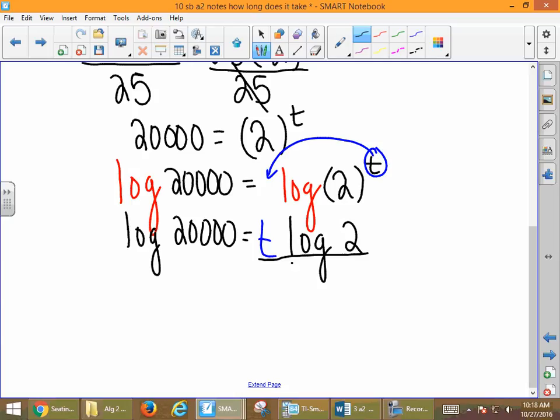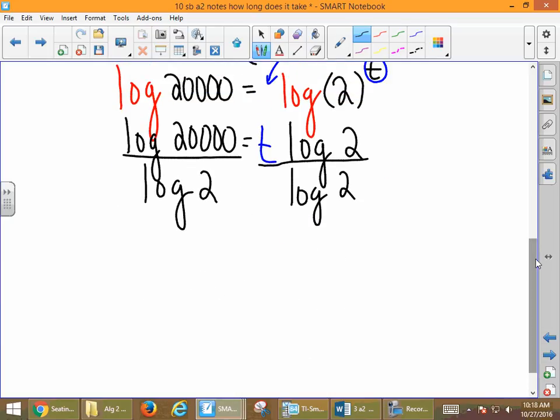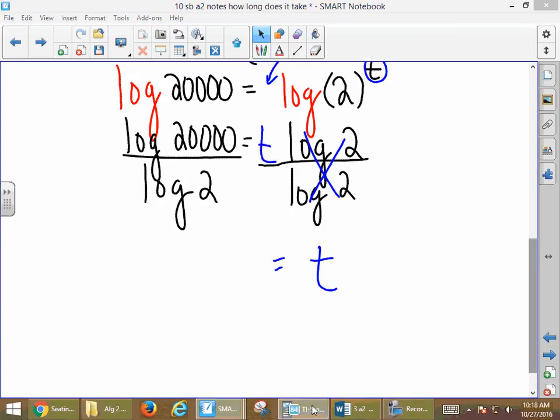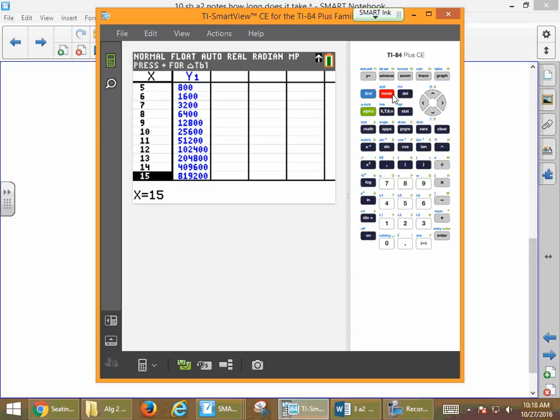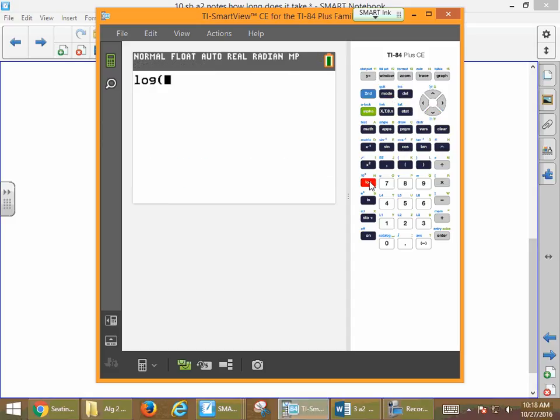We can divide both sides by log of 2. And that's going to allow us to figure out our time. So it's going to be log of 20,000, close the parentheses, divided by log of 2.